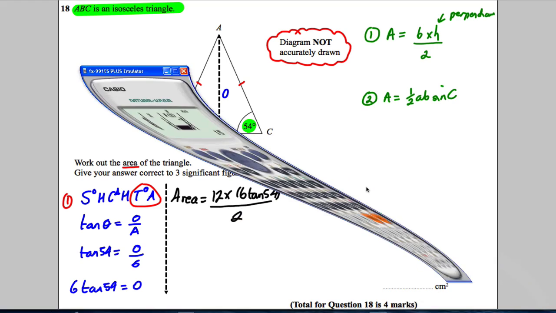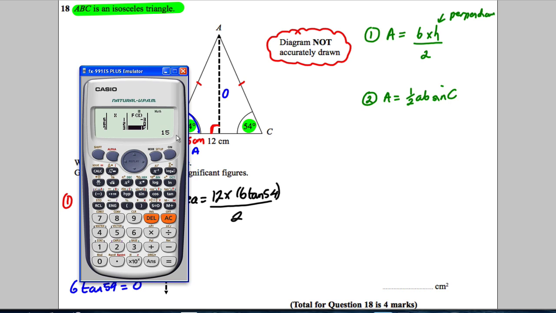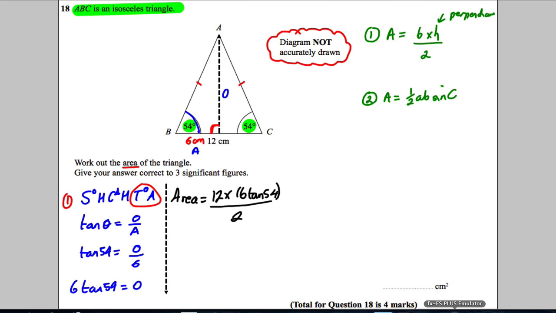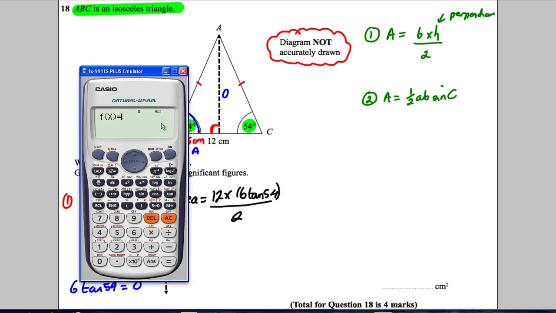So we can get our calculator out, and we can make sure we go back into normal comp mode. What we're going to do is type 12 multiplied by 6 tan 54, close that bracket, and divided by 2.